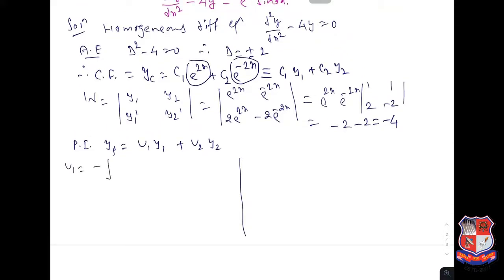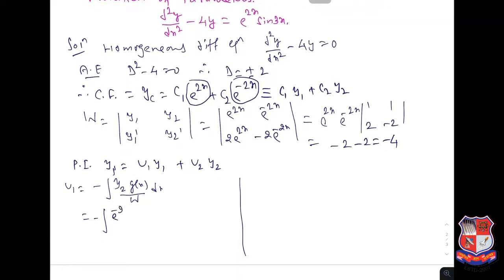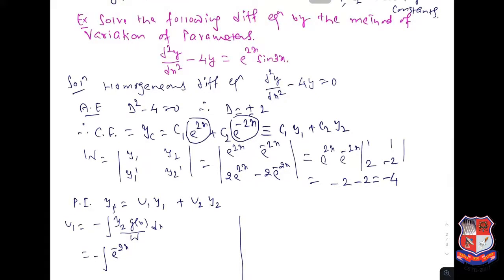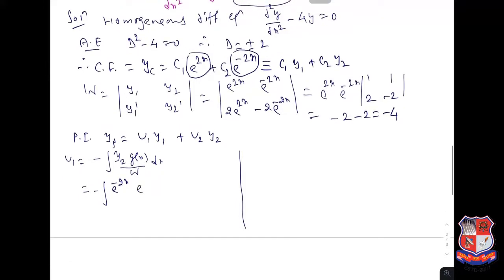So u1 is minus integration y2 gx over W. Now y2 is e power minus 2x, then gx is this, so that is e power 2x sin 3x, over W, and W is minus 4, dx.